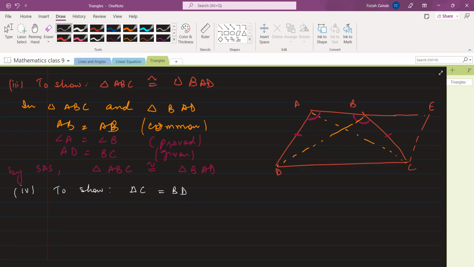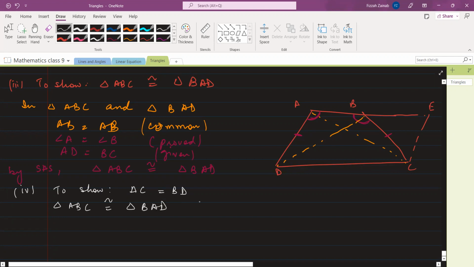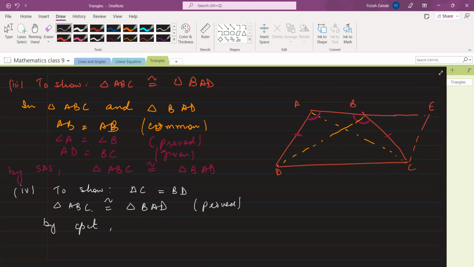Triangle ABC is congruent to triangle BAD, we have just proved. So by CPCT, we can say AC is equal to BD. Is that clear? Yes, ma'am.